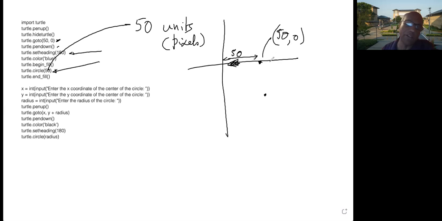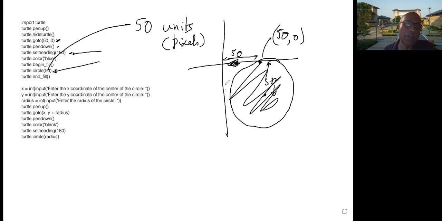So the left, so if I'm going this way, if I look left, it is here, the southern direction. So the center will be 50 units to the left. So it will be at 50, negative 50. And then when I draw a circle, it will go like this, and it will be filled. Actually, it will be right here. Okay.